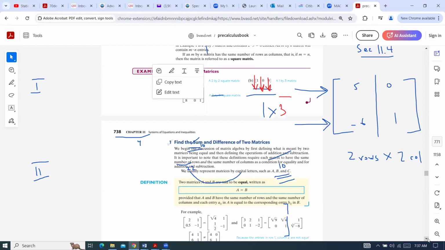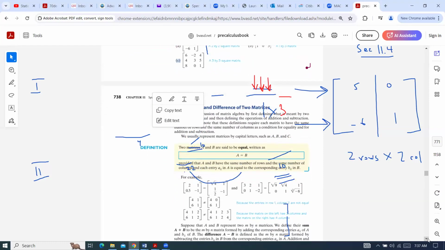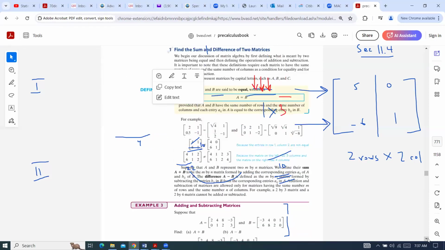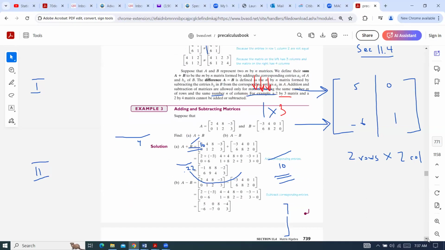And now they start to work with matrices of the same size in order to add, subtract, multiply. Well, they don't divide. They just add, subtract, and multiply. For example, in the next part, in example 3, there are 2 matrices of the same size.